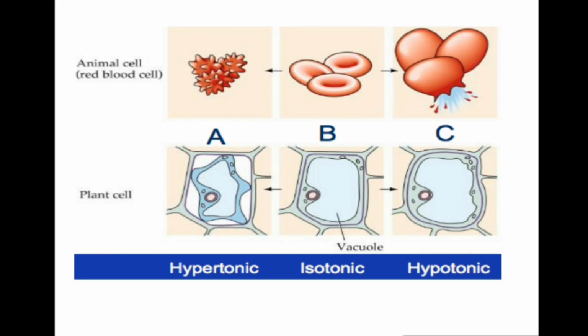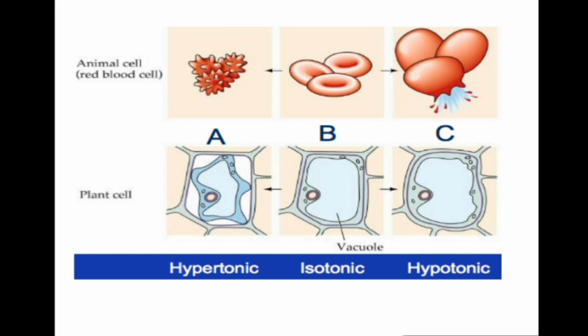Whereas if you keep the cell in a hypertonic solution, a concentrated solution, in case of an animal cell, the animal cell will lose a lot of water molecules from its body and the cell will shrink. In case of a plant cell, we have a cell wall. So the cell wall will not shrink, but the plasma membrane as well as the vacuole start to shrink and come to the center of the cell, if you keep a plant cell in a hypertonic solution for a long time.